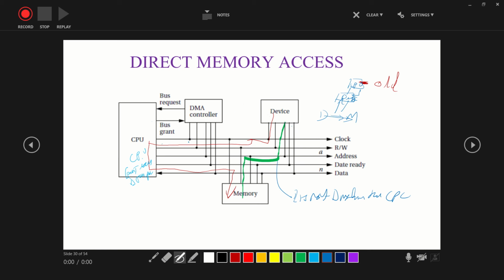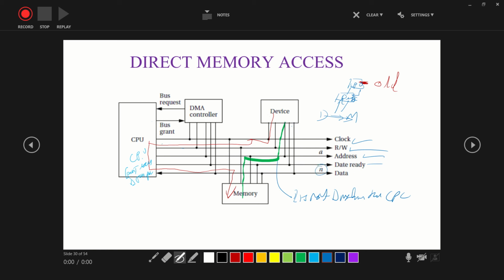After getting the permission, the bus will be released, and it may also send the address. Depending on the vendor, the operation is different. So this is the clock. If it is read or write: if you are sending data outside, that is read; inside, we write. So address, data, number of data, and data ready.